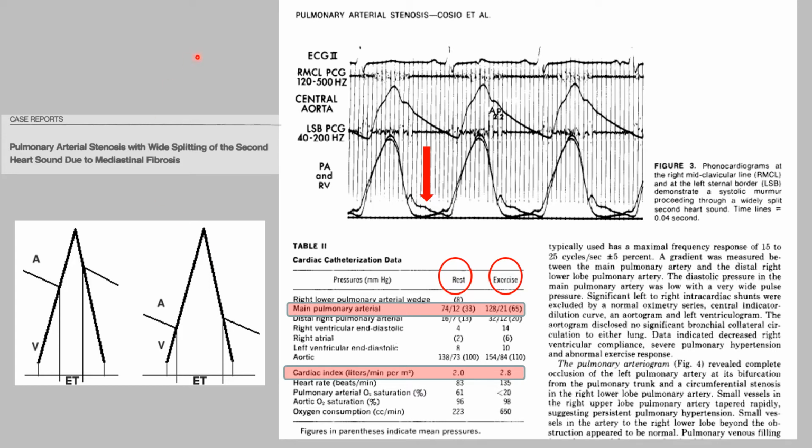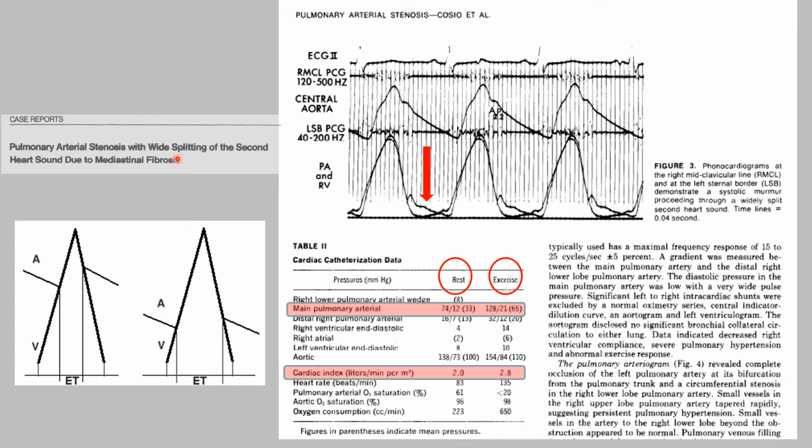Now, change now to this case. This case was published by Kozio in 1973, and he did it to talk about mediastinal fibrosis causing splitting of the second heart sound. This was a special case because the mediastinal fibrosis affected the main pulmonary arteries, but had not affected the pulmonary veins.